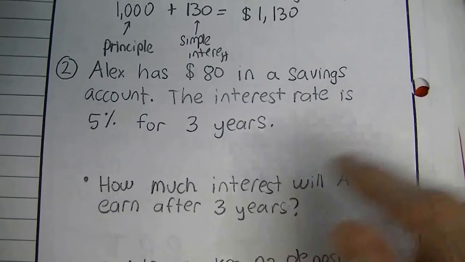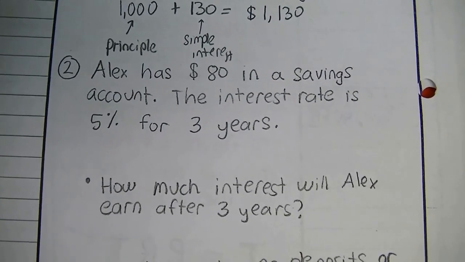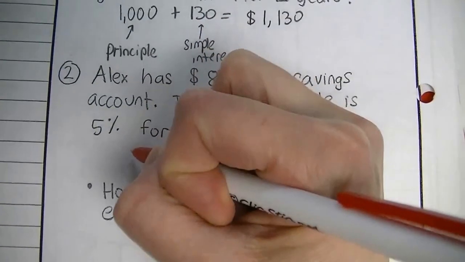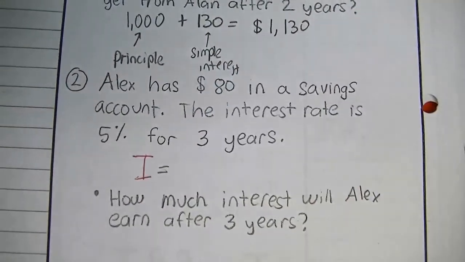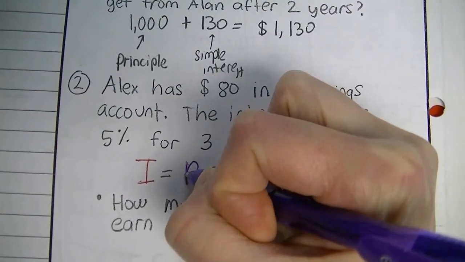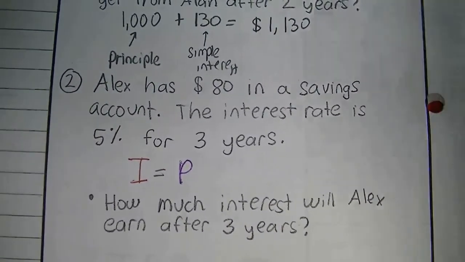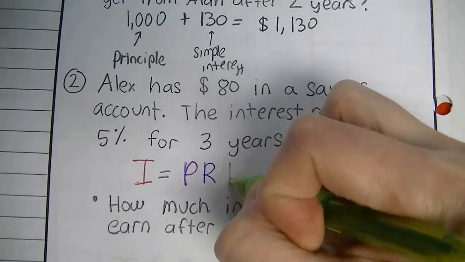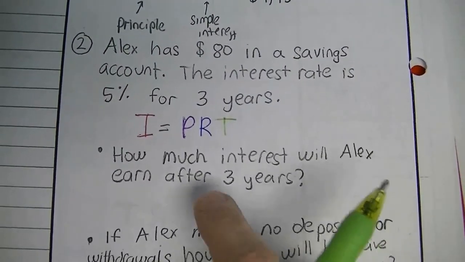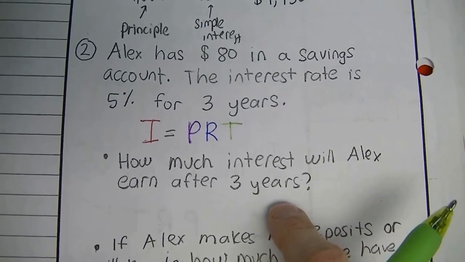He gets 5%. So let's go ahead and write out that formula. The simple interest is equal to the principal, which is the original amount, times the rate, the interest rate written as a decimal, times the time in years. So we have to figure out how much interest Alex will earn after 3 years.